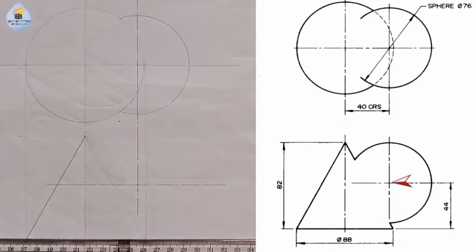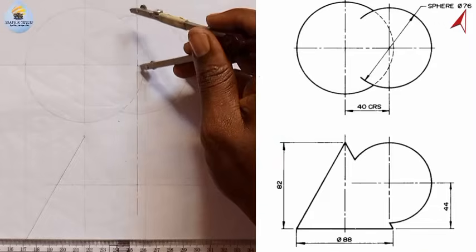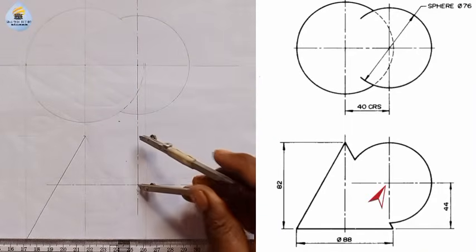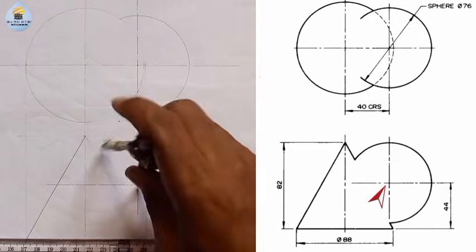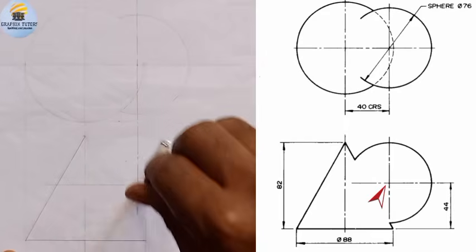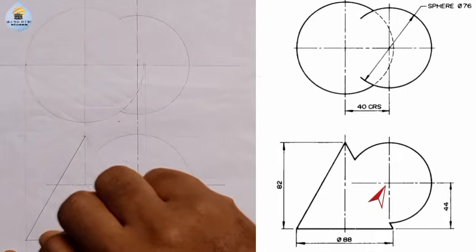Right? So with the same radius I used for this, which is 76, I'll place it at the center here, and I'm going to draw another circle, which is the sphere that is intersecting. You see that?